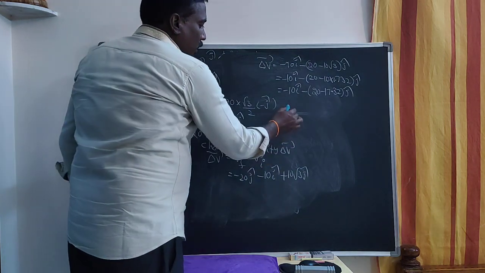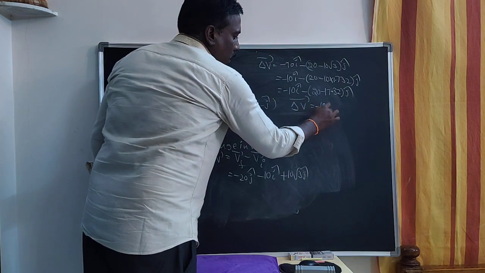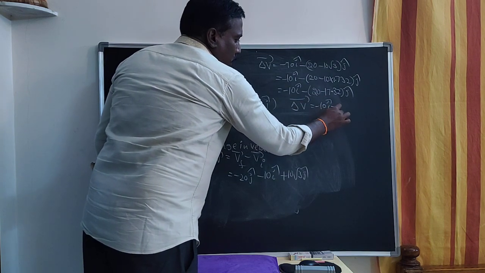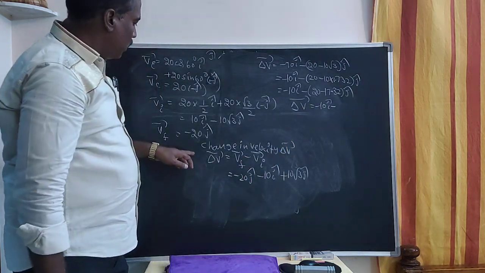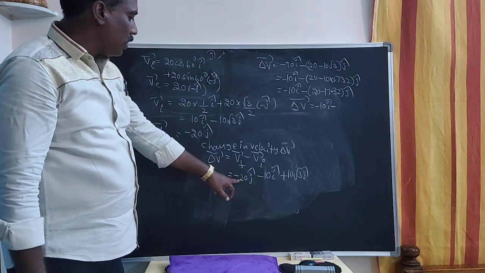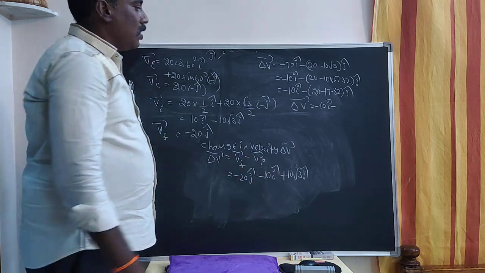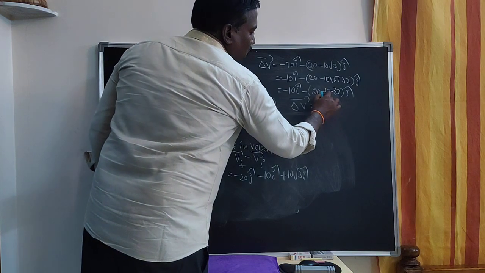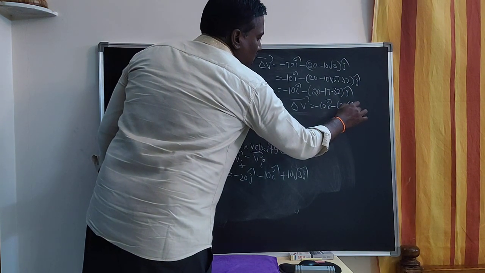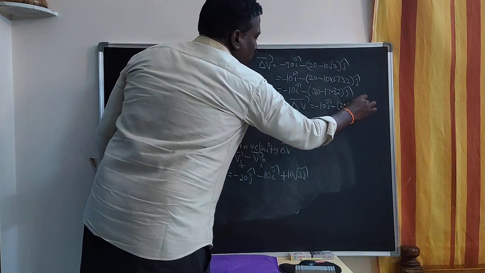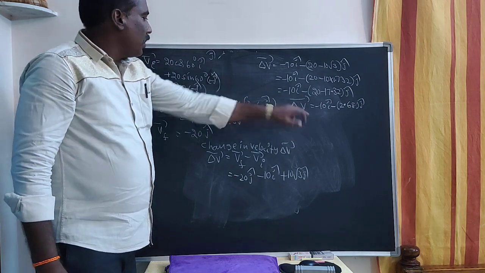So 20 minus 17.32 is 2.68, and delta V bar is minus 10 I cap minus 2.68 j cap. This is the final change in velocity of the body.